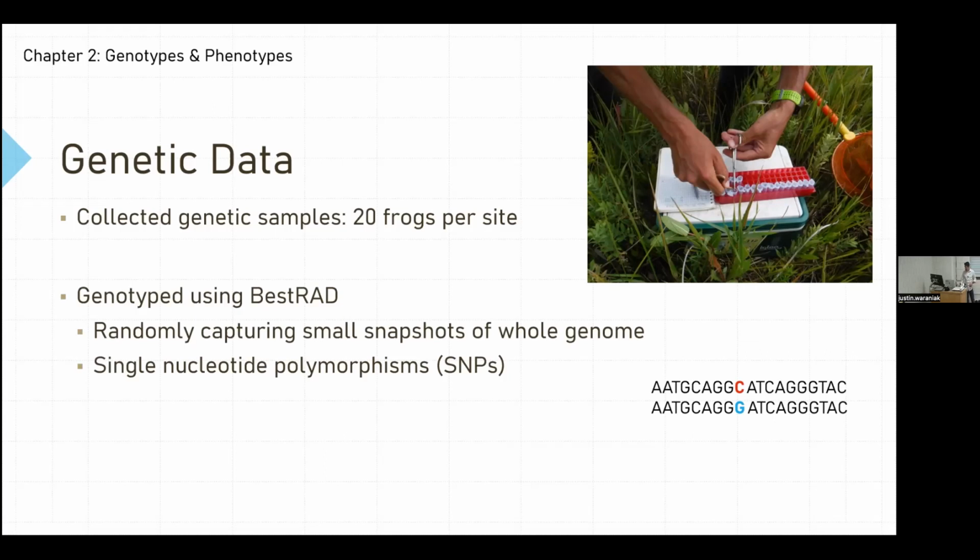What these are is just a single base pair change, one single point mutation. And a frog could be heterozygous at this spot, or either of the 2 homozygotes. So we have 3 possibilities for genotype, but instead of having just 11 microsatellite loci, now we have about 3,000 of these SNPs in each of our data sets going forward.